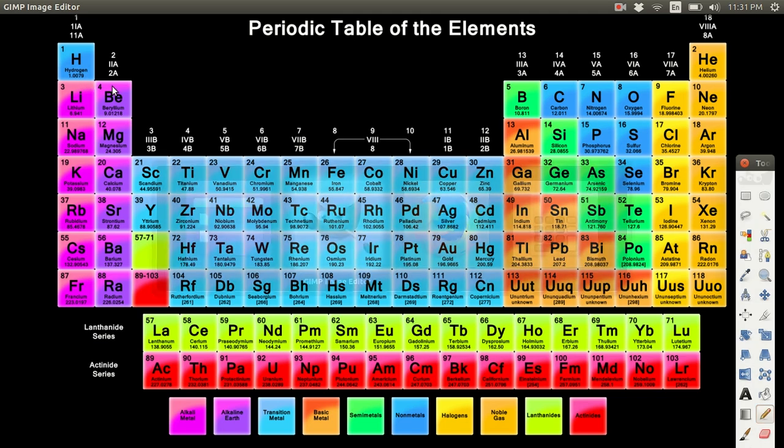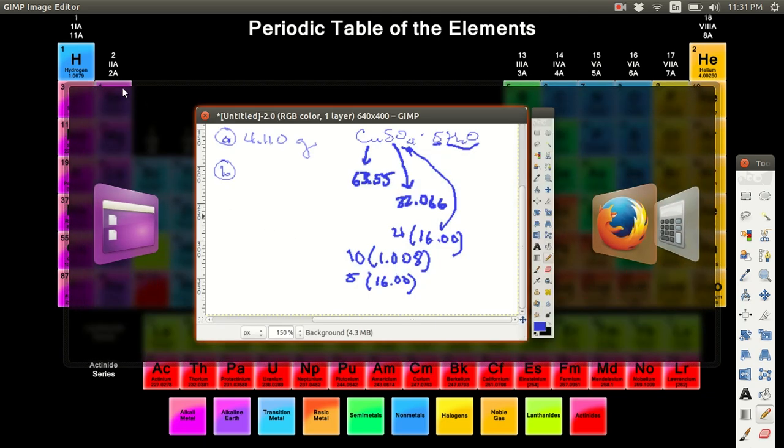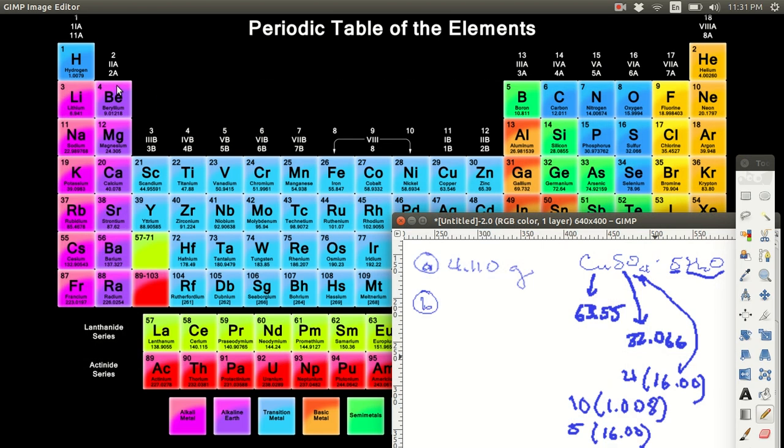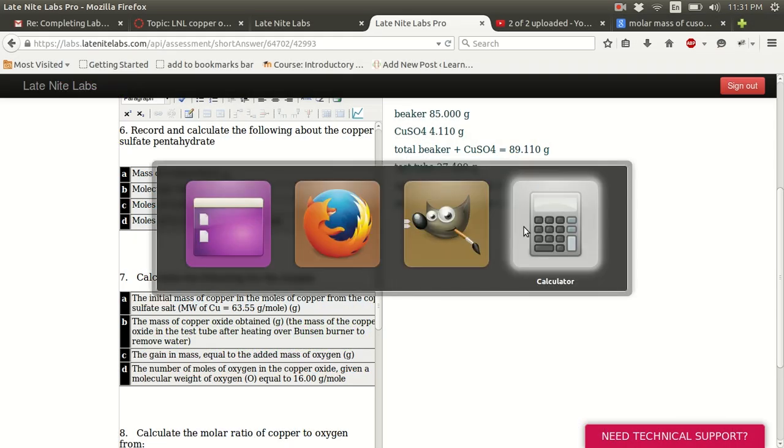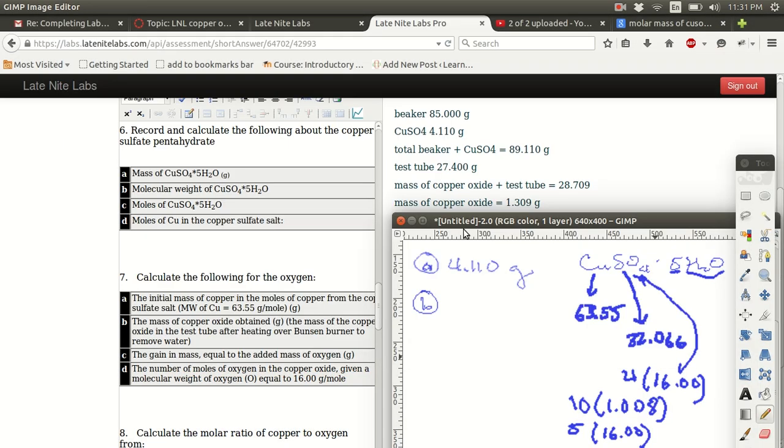So that's where all these numbers come from, and that's how to calculate the molar mass, or the molecular weight, of anything. Okay. So when you add that up on your calculator, you get 249.72 grams per mole. It's very important to use the correct units, grams per mole.